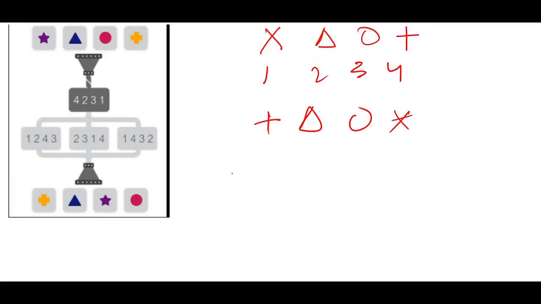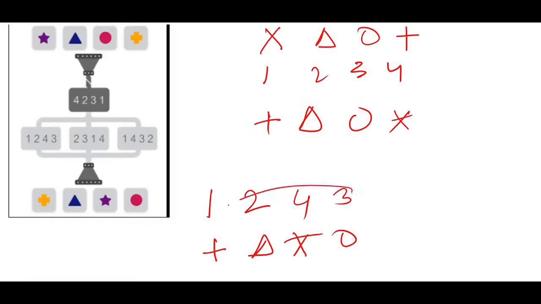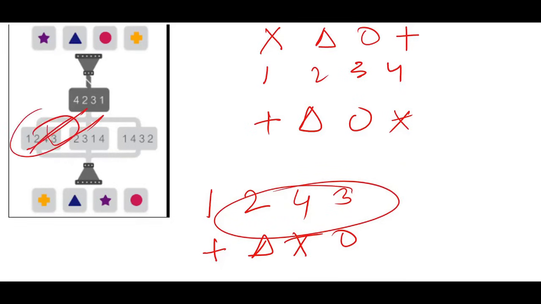Now we need to choose the correct answer for the sequence plus, triangle, star, and circle. Plus is on number 1, so we will use number 1 here. Then triangle is on number 2, so we will choose number 2. Star is on number 4, so it will be 4. And this is on number 3, then 3. So 1 2 4 3, this will be our right answer.